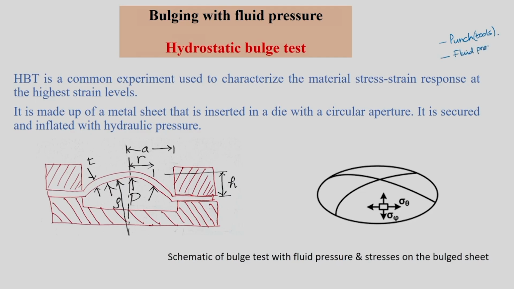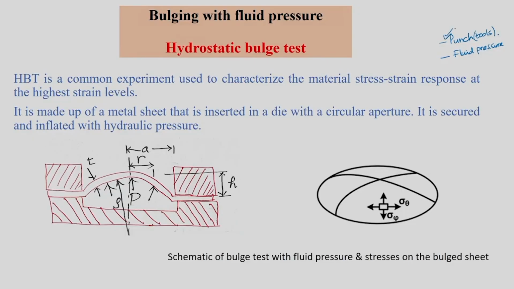Okay, so that means there is no rigid punch. Instead, we are going to deform the sheet with the help of fluid pressure. The tools could be slightly different. You can have maybe an open die or a shaped die, and there will be a chamber through which you are pressurizing the fluid, and that fluid is going to deform the sheet to take up a particular shape or a free shape.